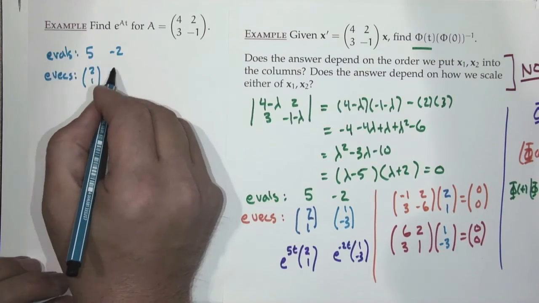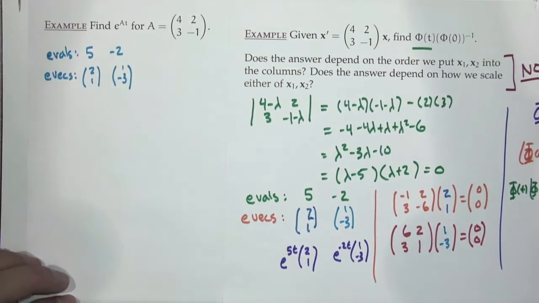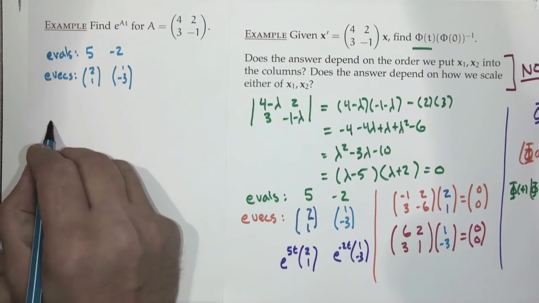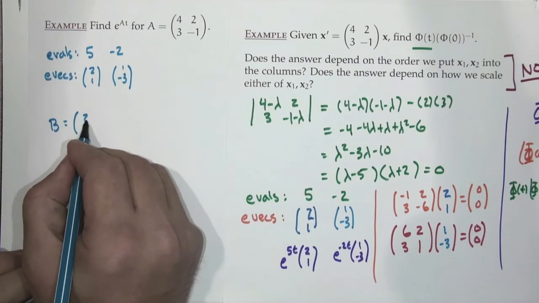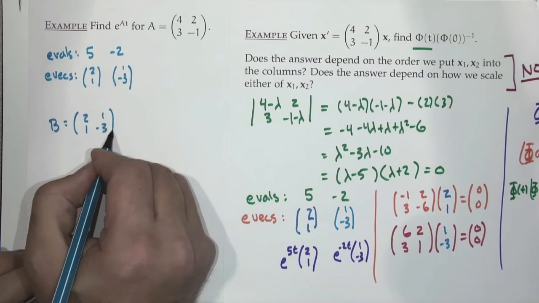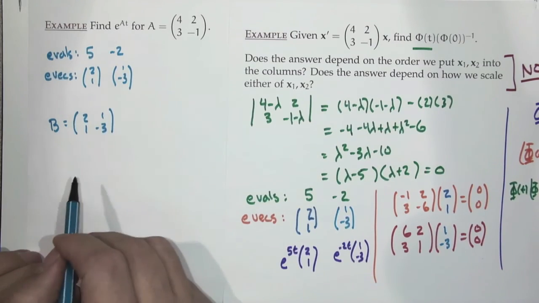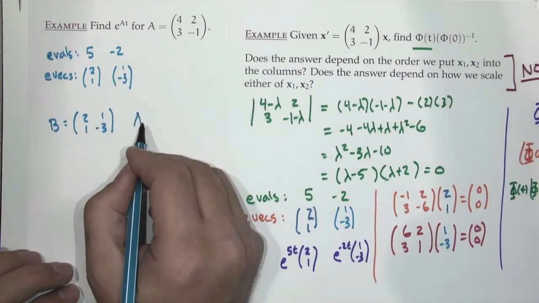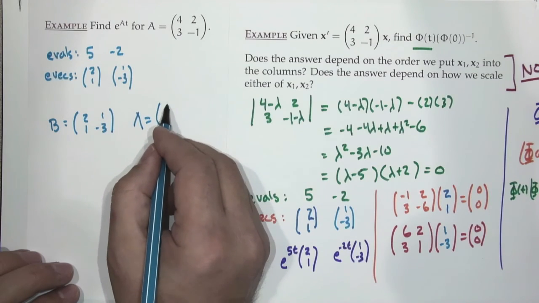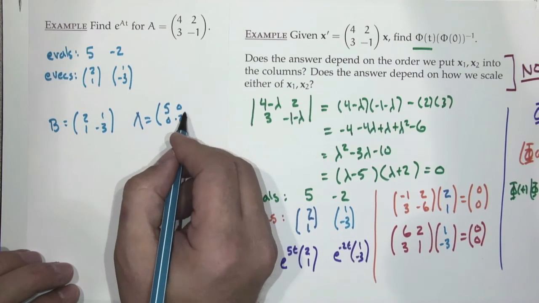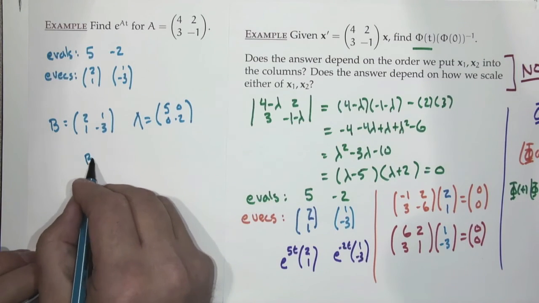Just full disclosure. All right, so here we go. Those are our eigenvalues and our eigenvectors. So our matrix B looks like [2, 1; 1, -3]. Those are my eigenvalues. My matrix lambda looks like [5, 0; 0, -2]. B inverse.